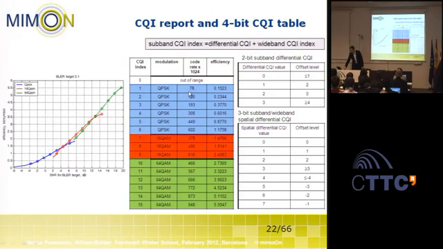And also the code rate is selected: as the SNR increases to higher SNR values, larger code rates are used. And basically the user equipment is now signaling back this index, and this index is telling the base station which is the preferred modulation scheme and the preferred code rate with which a bit error rate of 10% can be achieved.